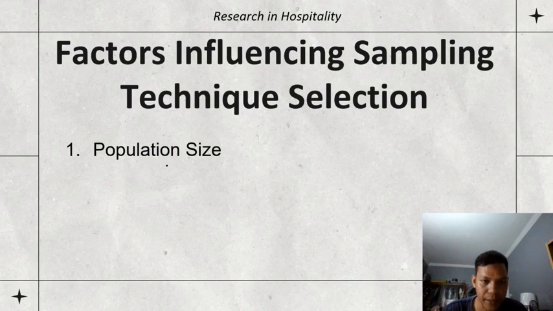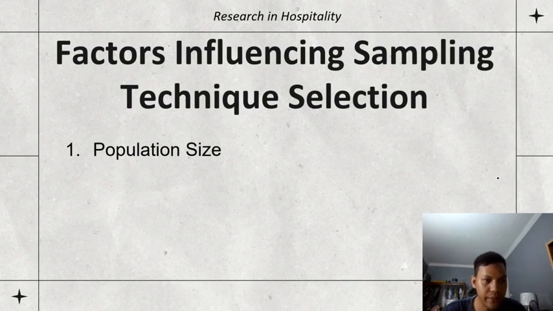This is the respondents, or people within the research environment. Larger populations may require different sampling techniques than smaller ones. For example, you will only study the employees within a certain establishment that has a small number of employees.